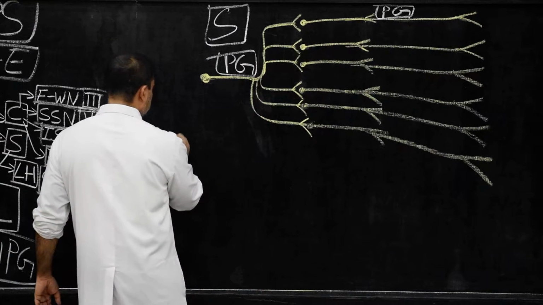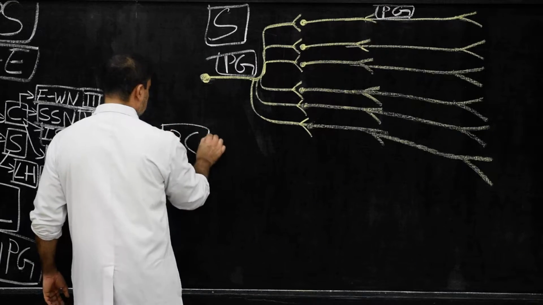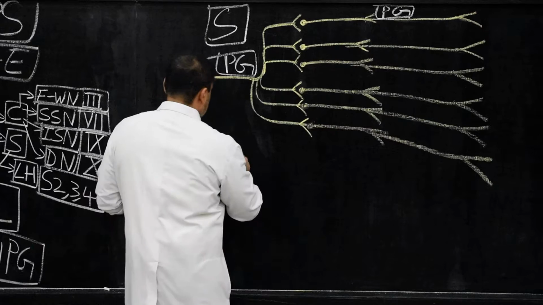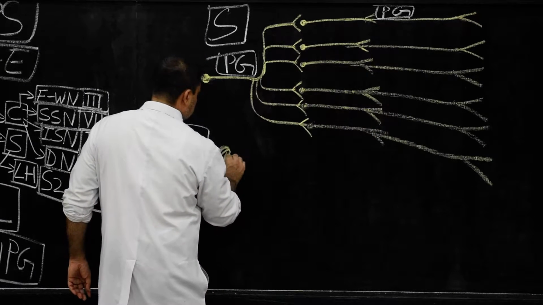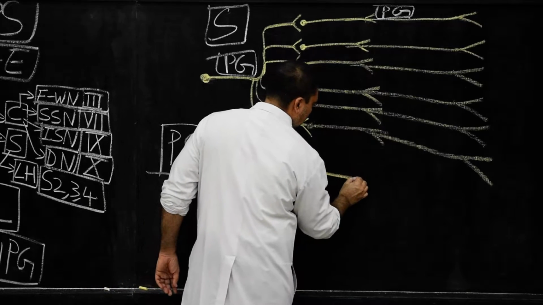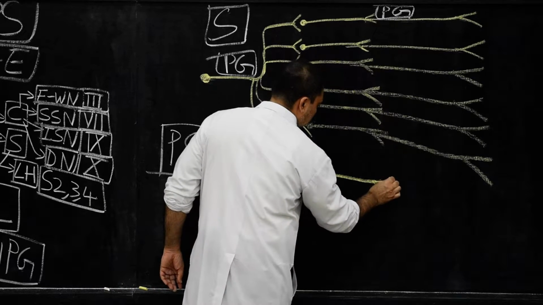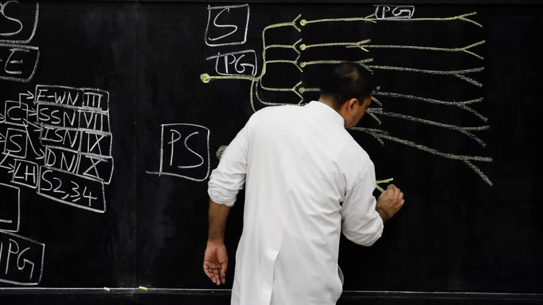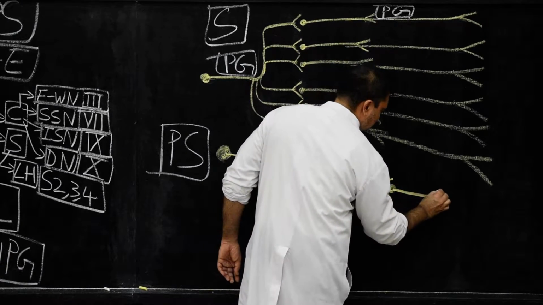Now if I write here parasympathetic, and try to show it with a line diagram, this is a preganglionic neuron, only one, having a long preganglionic fiber, and then it will synapse with only one postganglionic neuron.